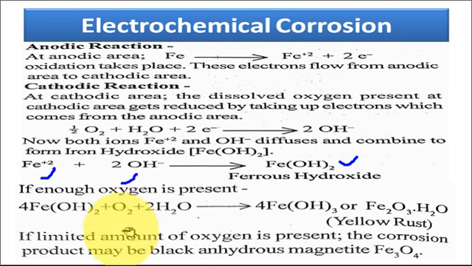If enough oxygen is present, then this iron hydroxide gets converted into the iron rust, yellow colored iron rust, Fe2O3.H2O. If less oxygen is present, the corrosion product may be the black Fe3O4. So basically, if iron metal is present in a neutral or basic environment, then at the cathodic part absorption of oxygen takes place.